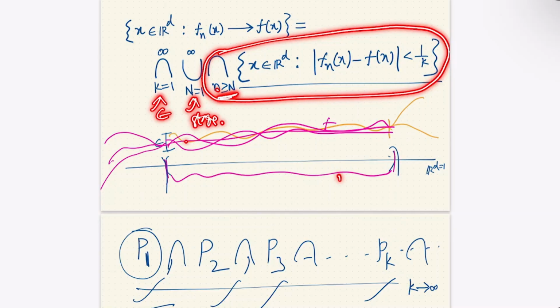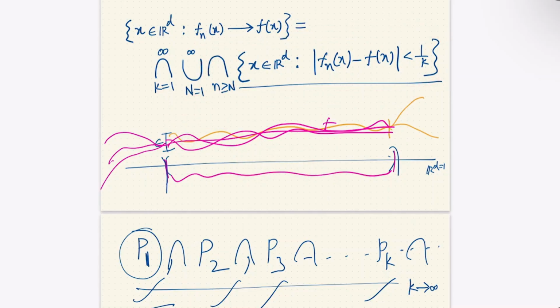So what is happening after a certain stage n? These domain points are being collected. So this is the same definition of convergence in one context, I could say.